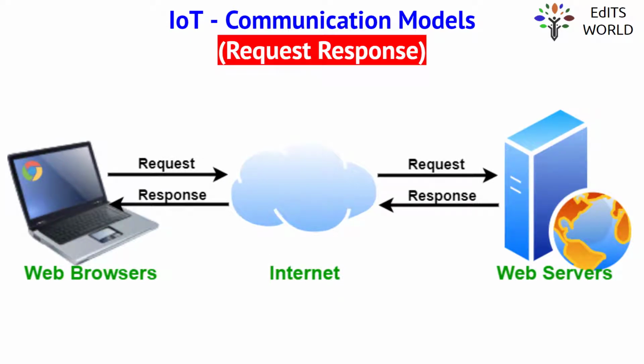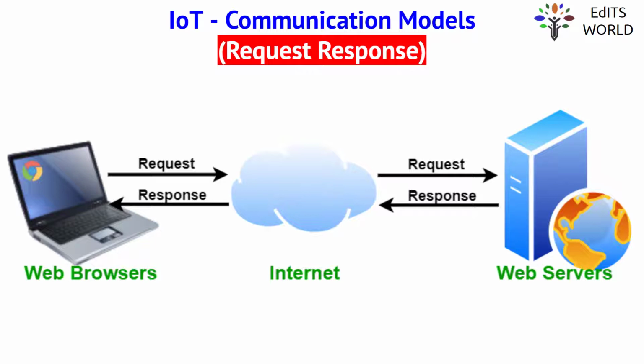Whenever you use a web browser on a system and you enter a domain name, this is the request generated by you. That request, with the help of the internet, reaches the web server, and in turn the web server responds, and that particular website is seen on your system.